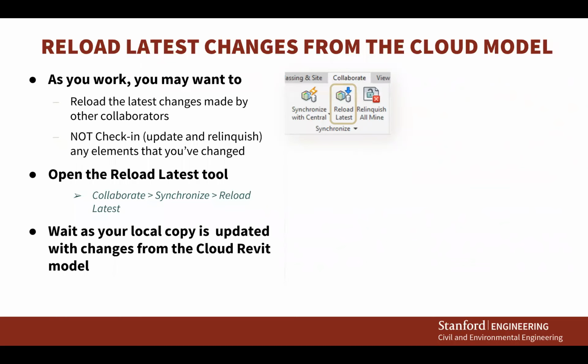A really good thing to do at the end of your work session, or whenever you're leaving your workstation for a while, is to choose the Relinquish All Mine tool so that everything that you currently have checked out, whether you know about it or might inadvertently have it checked out because you've been touching different things in the model, is released. Relinquishing things is just a nice courteous thing to do so that you're not tying things up in the model by accident.